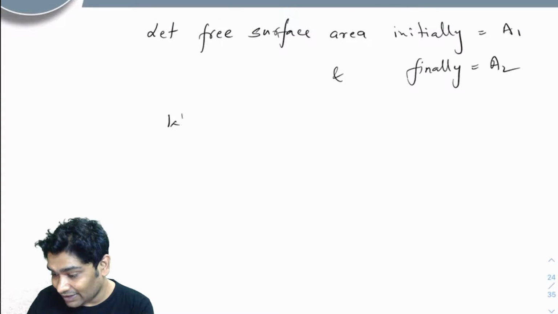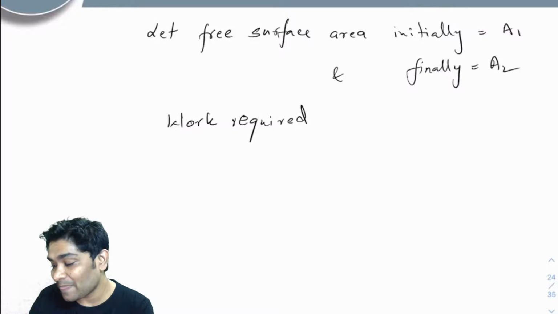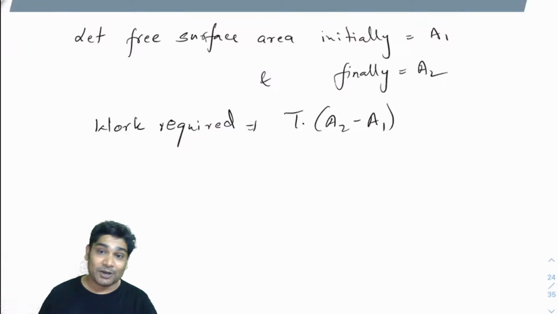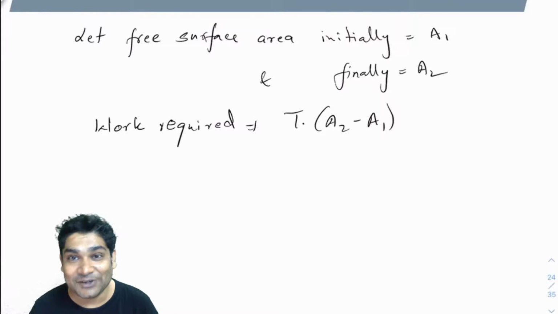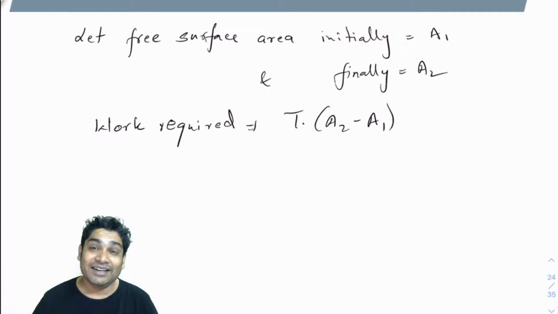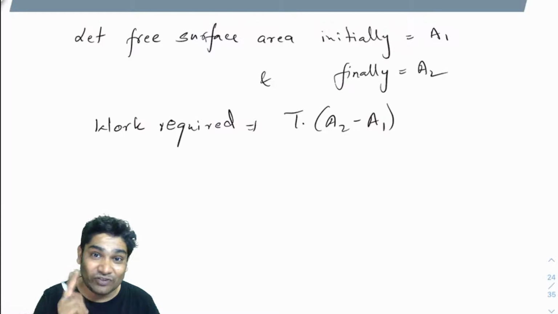Work required is nothing but T into A2 minus A1. Because T was the energy per unit area, and here you have to find the change in area. Yes, that is why I gave this problem. You need to be careful about that. In case of soap bubbles, there are two free surfaces, so both their areas are getting increased.